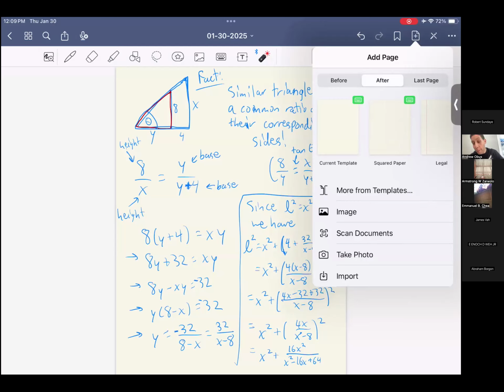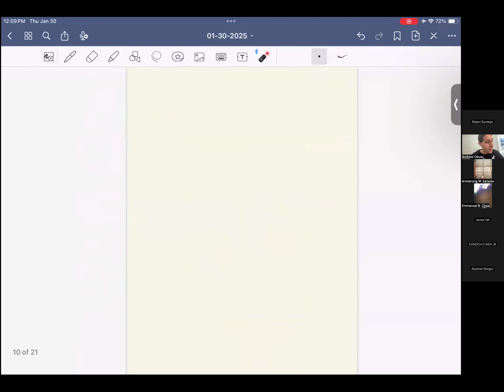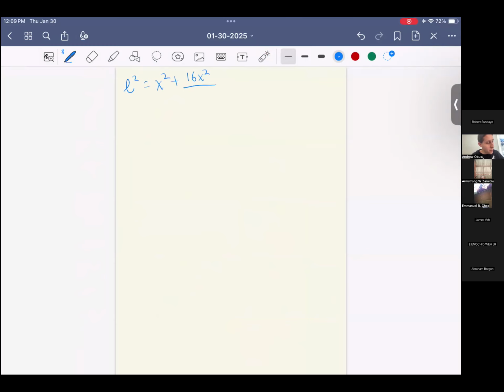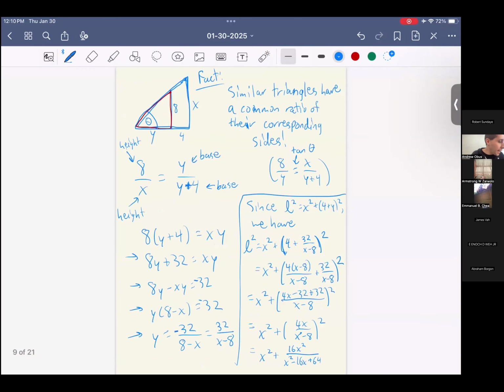These optimization problems can be long, right? They can take a number of pages. So what we have here is L squared is equal to x squared plus 16x squared divided by x squared minus 16x plus 64. By the way, I guess we could do the entire problem in terms of trigonometry if we wanted to, in terms of theta instead of in terms of x.